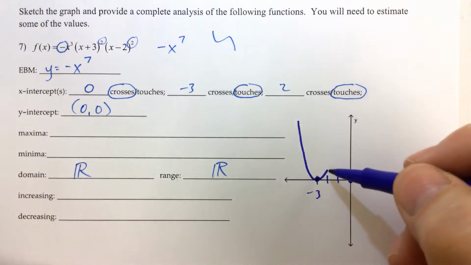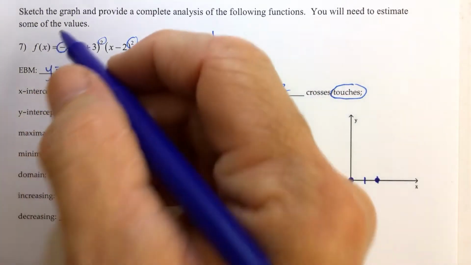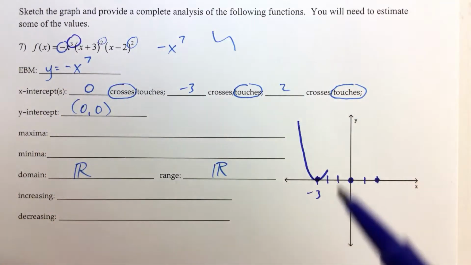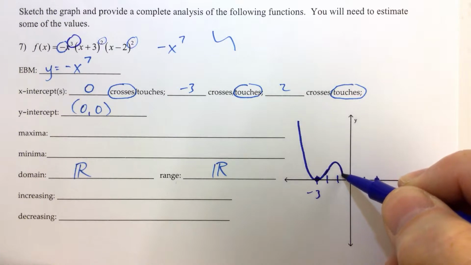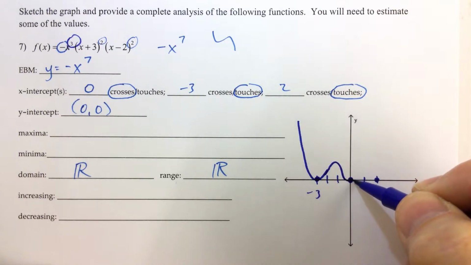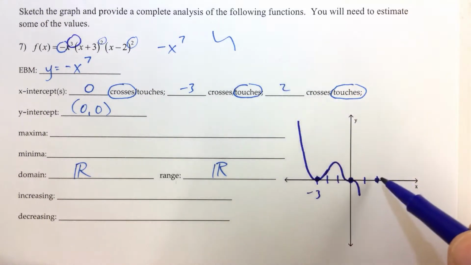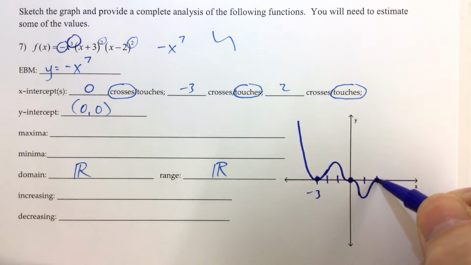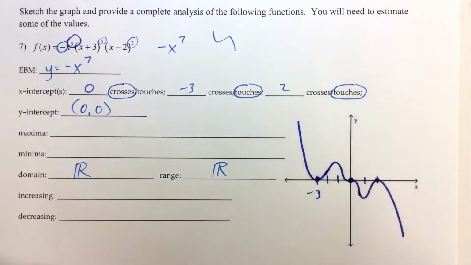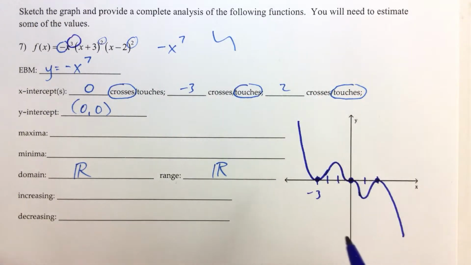Then it's going to cross the x-axis at 0, but with a squiggle, since the multiplicity is 3. So we come up, and come down with a squiggle through 0, and then at 2 it just touches the x-axis. The actual graph of the function resembles our end behavior model, so we're good.